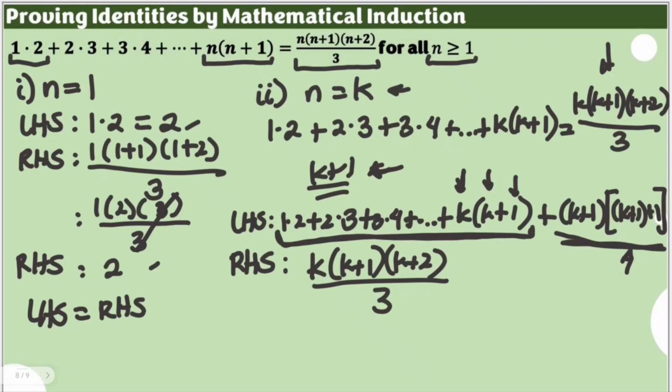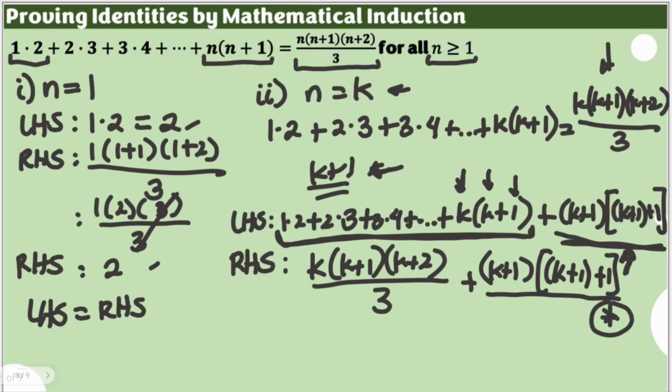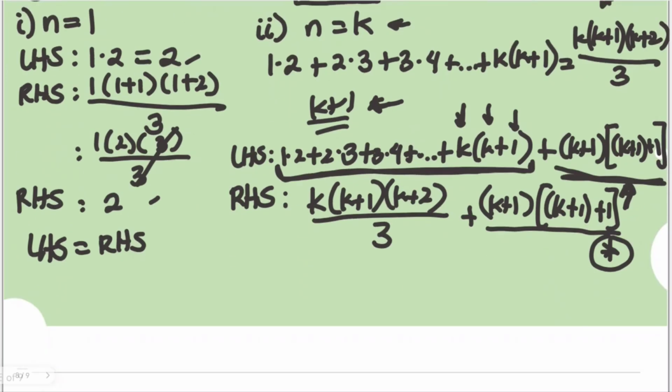But since we are talking about identity and we are adding this term, let's also add that term here to retain equality. Okay, so there's no denominator, or we have the denominator 1. Let's not simplify this as mentioned, as we are adding the same, but we will take note of this because we are going to return to this expression later. Okay, now let's proceed to our third step.